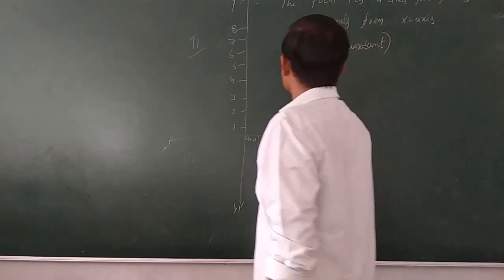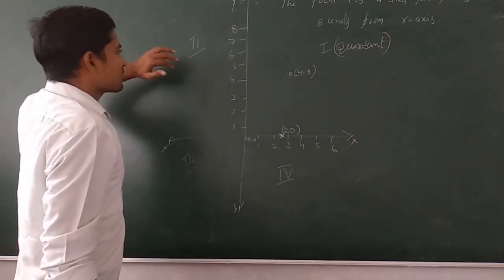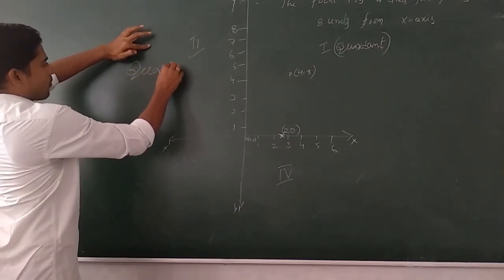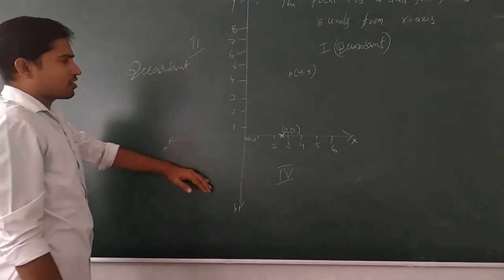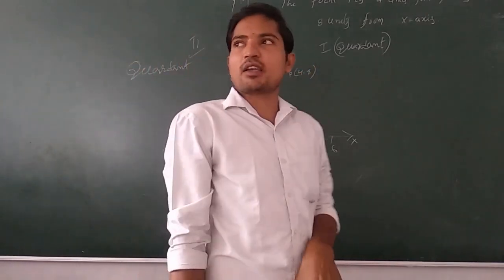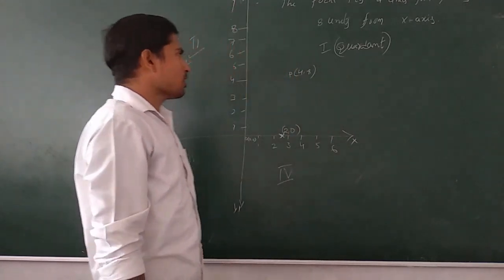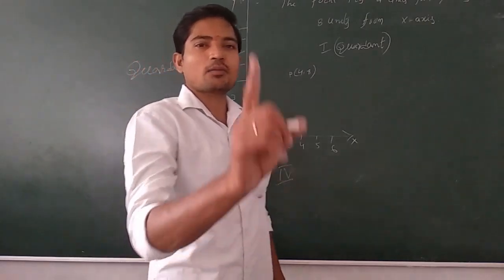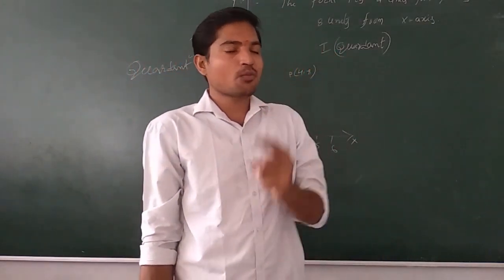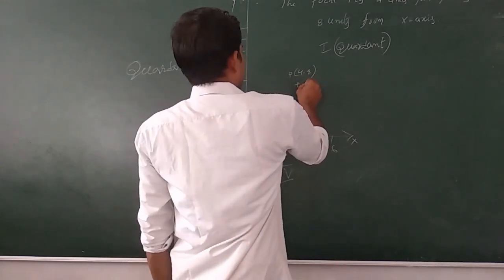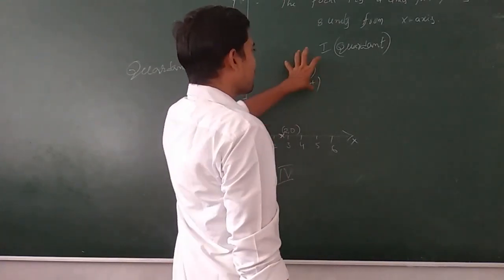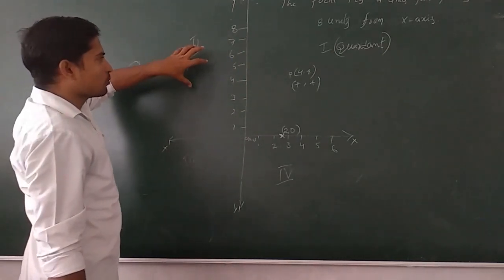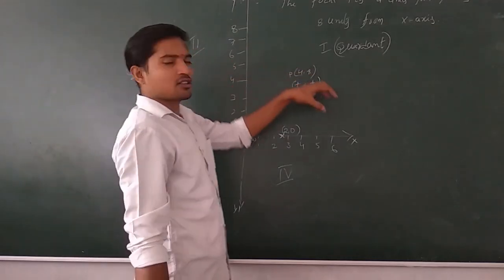First quadrant, second quadrant, third quadrant. Each part is called a quadrant. The point which lies in the first quadrant, both are positive, plus, plus.